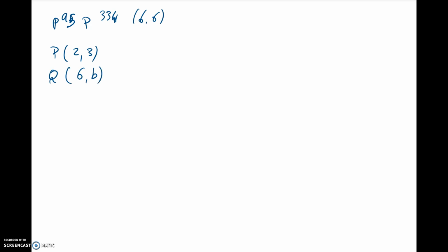The question is, for what value of b will the line joining the points P and Q be parallel to the indicated axis.